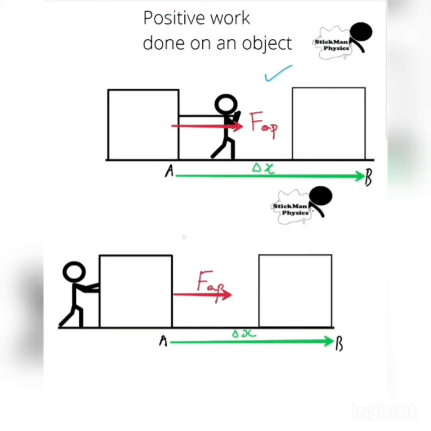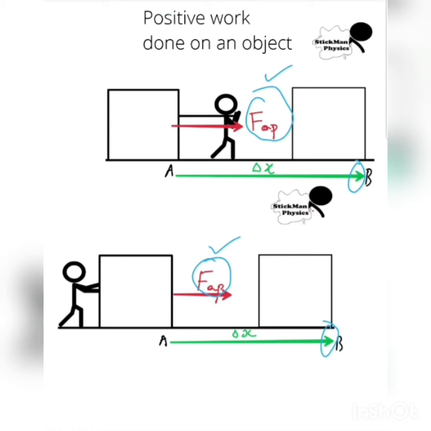The second scenario is a person pushing an object in the same direction of the displacement. These two cases are similar in the sense that they have an applied force that is applied in the same direction as that of the displacement.